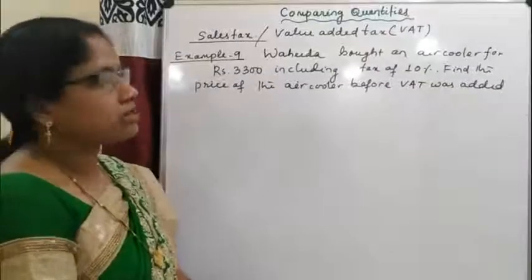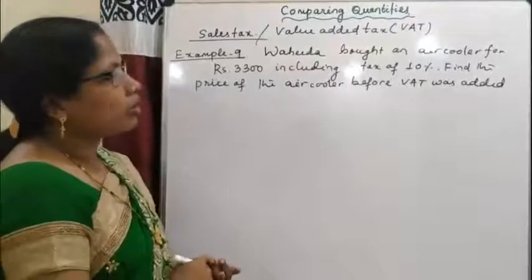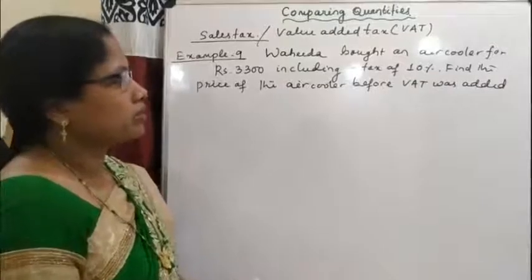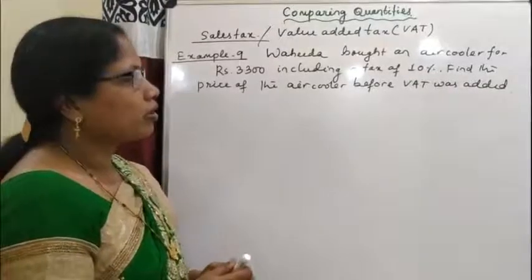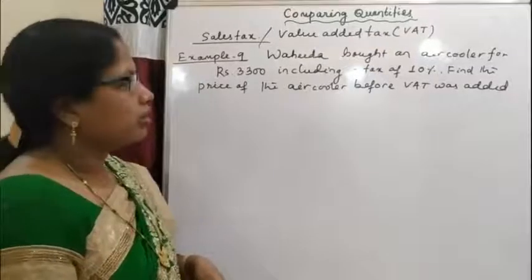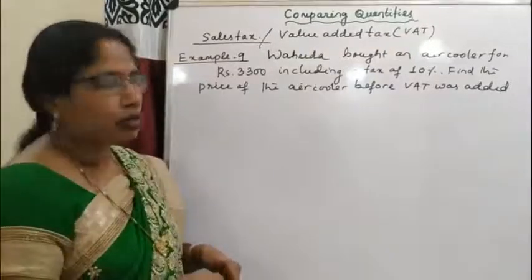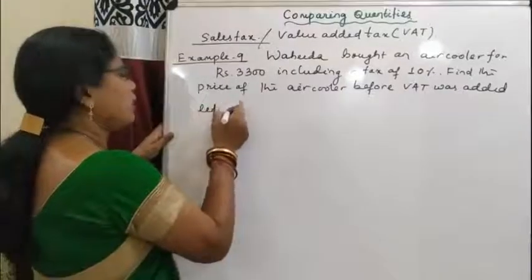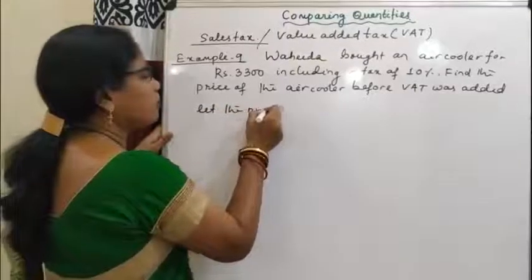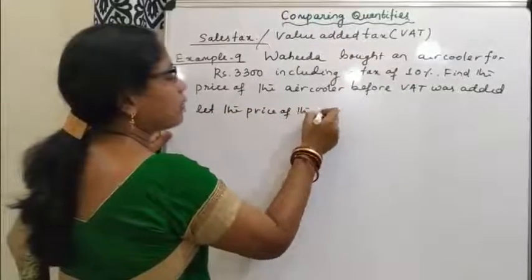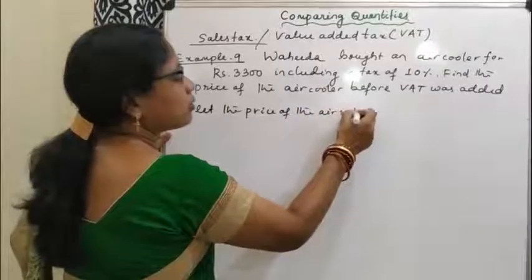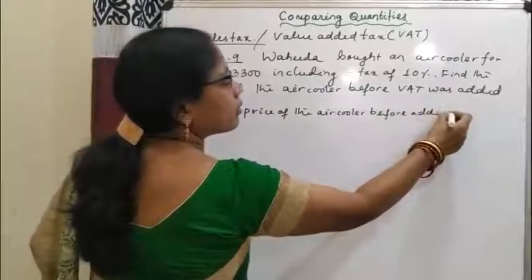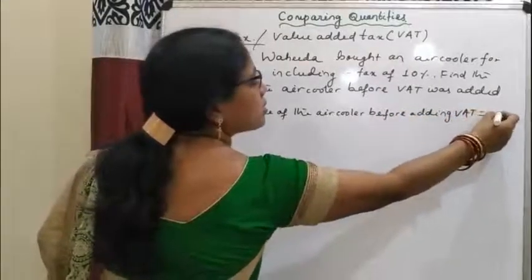Next example, based on value added tax. Wahida bought an air cooler for rupees 3,300, including a tax of 10%. Find the price of the air cooler before VAT was added. So let the price of the air cooler before adding VAT be x.